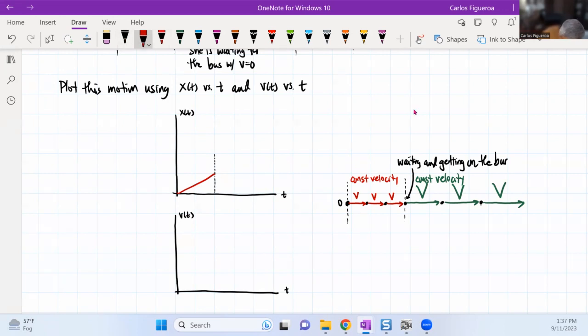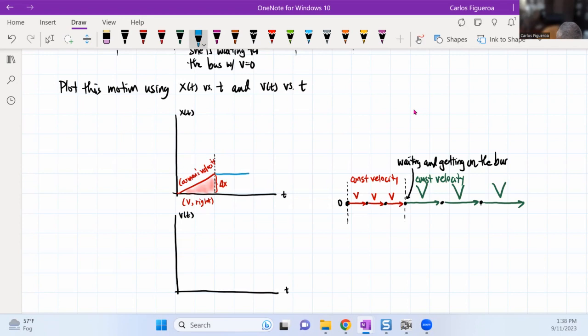Now, if I look at my delta x, this is my delta x right there. Okay, so I'm looking at this curve, and you're seeing here that there's a slope to this. So we could then say that this is Carmen's velocity. And it had two pieces of information. It's moving at a speed of v, that's the slope, and it's moving to the right because it has a positive slope. And then what's going to happen next?